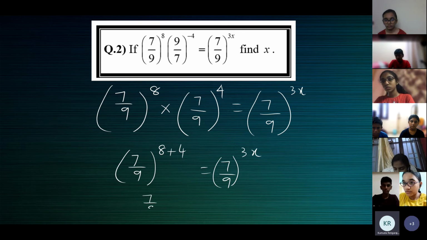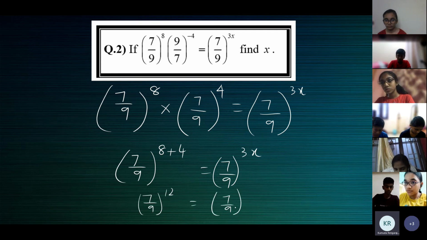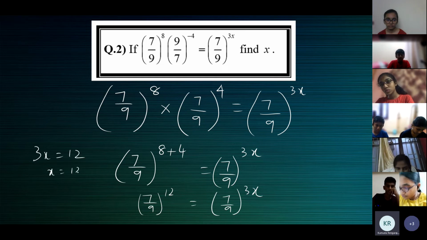So we have (7/9)^12 is equal to (7/9)^(3x). On both the sides, the bases are same, so we equate the powers. 3x is equal to 12. x is equal to 12 by 3. x is equal to 4.